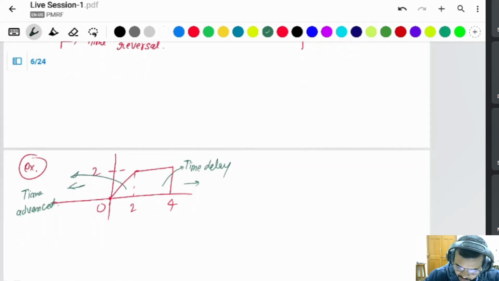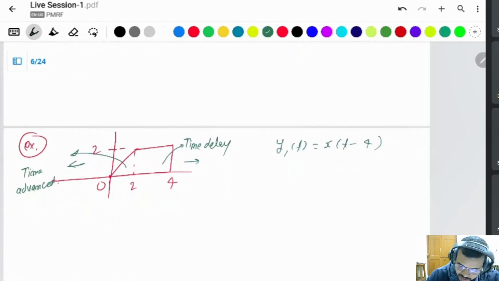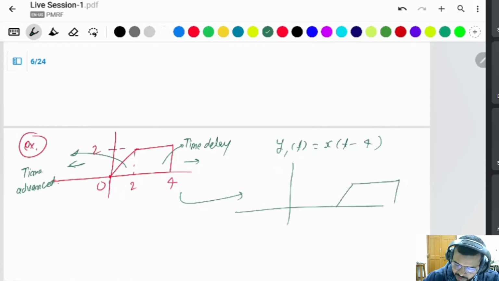For example, y1(t) = x(t - 4) shifts this to the right by 4. Starting from 0 it becomes 4, and 6 becomes 10. The height will be the same.